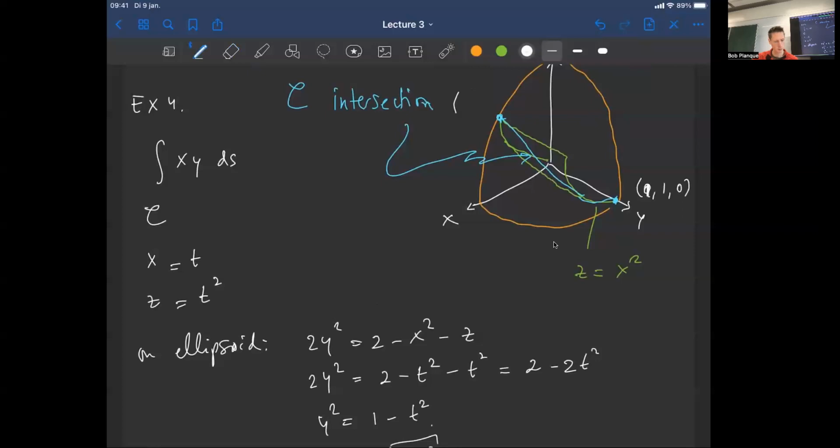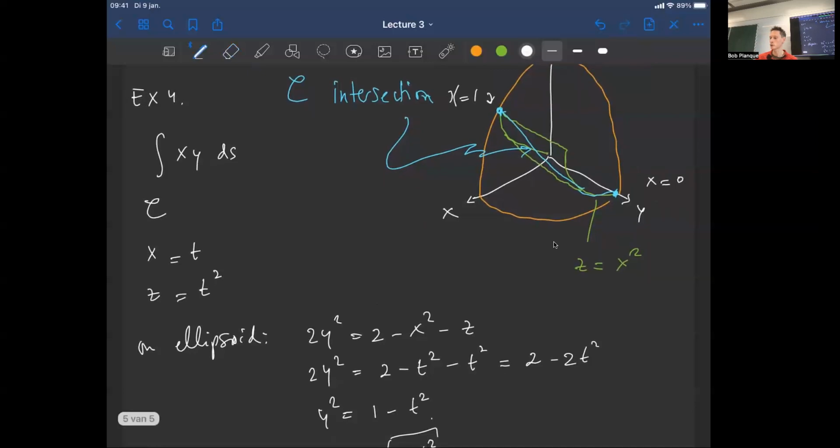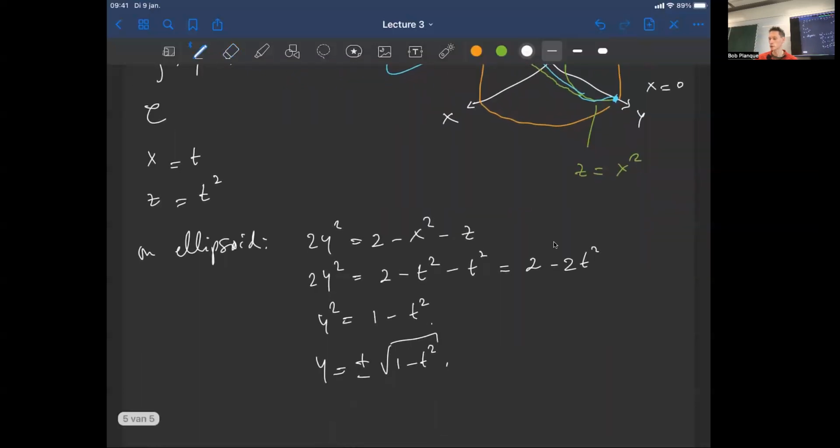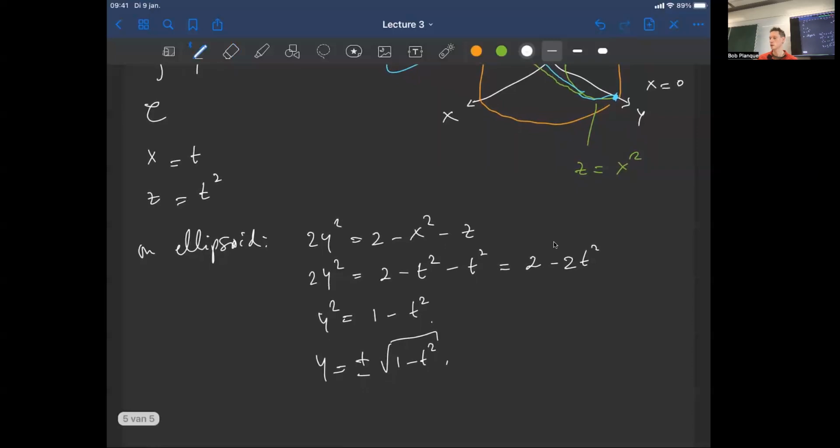I have to have a look for a moment. Do I care? I actually only care about the x coordinates. Here my x is equal to 0, and here my x is equal to 1. Since I'm parameterizing the curve by the x coordinate, I have to worry that x goes from 0 to 1, and x equals t, so t goes from 0 to 1.